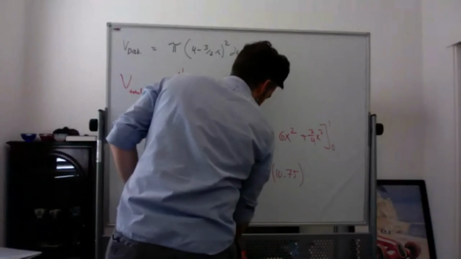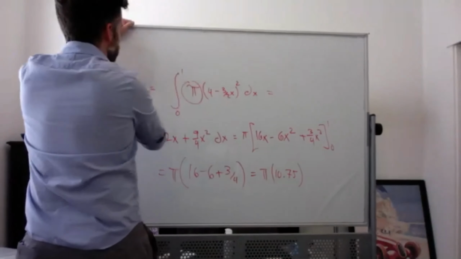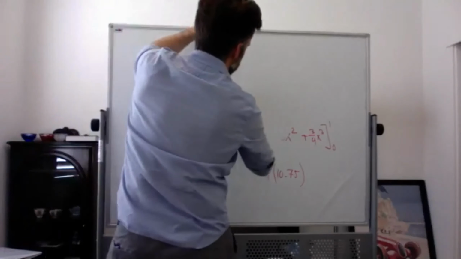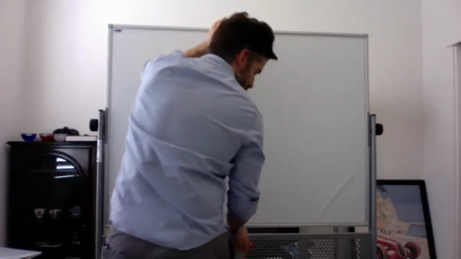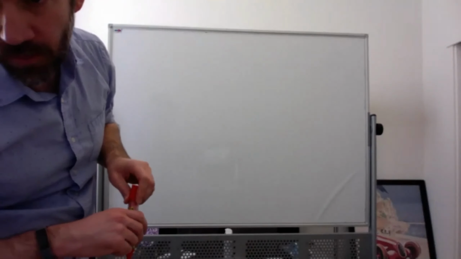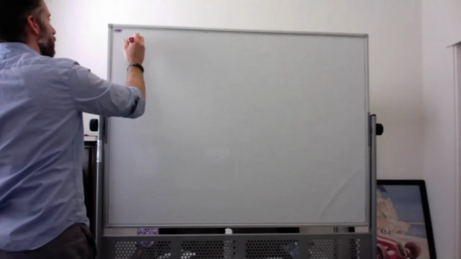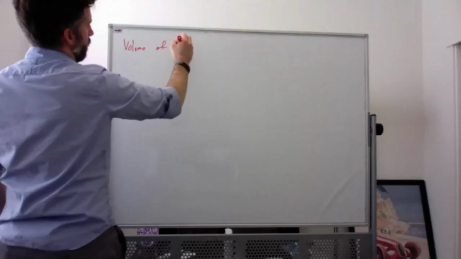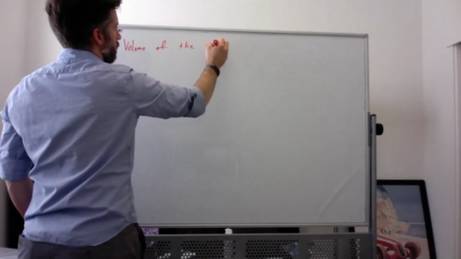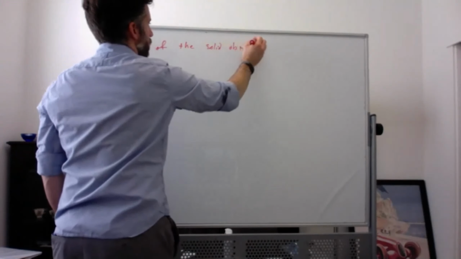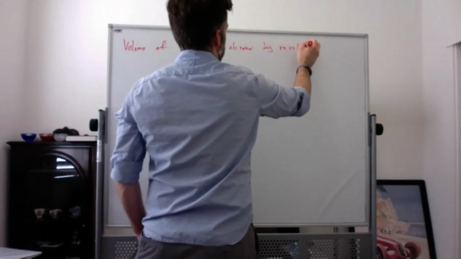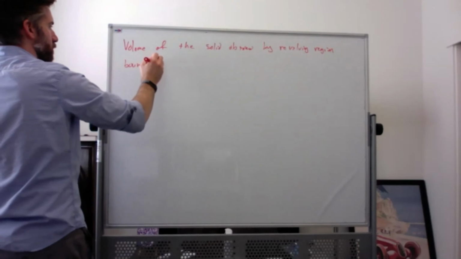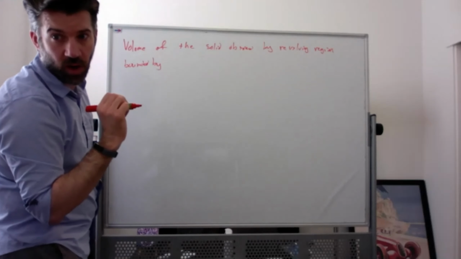So let's take a look at what I have in mind. I like my notes. So let me see here. So let's find the volume of the solid obtained by revolving the region bounded by... what have I got here? y equal to x minus 2.